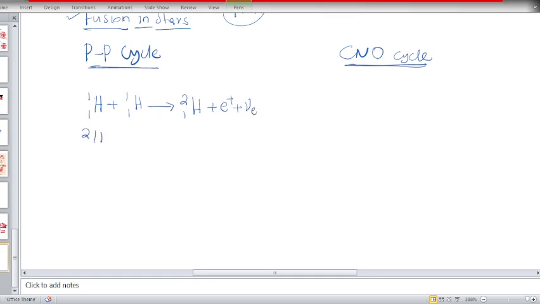Then this neutron will interact with one more proton, and that will give you helium 3 plus one gamma radiation.